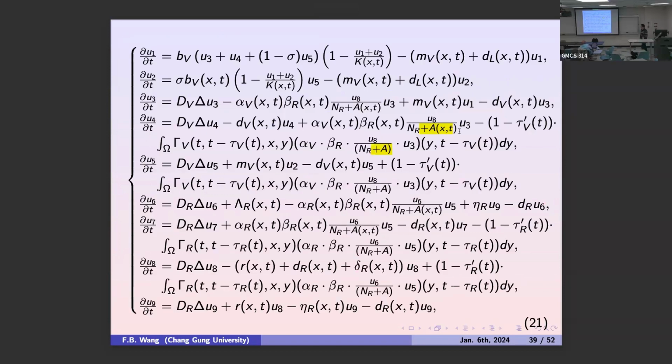Okay, I just show you the model is actually similar, but it's very complicated. The only difference is we include a diffusion. You call it non-local diffusion, but here we have a local diffusion. Even the diffusion term is a local diffusion.